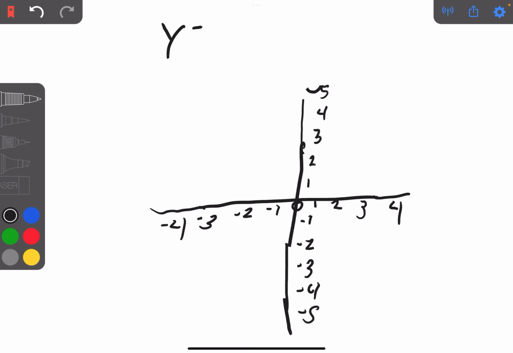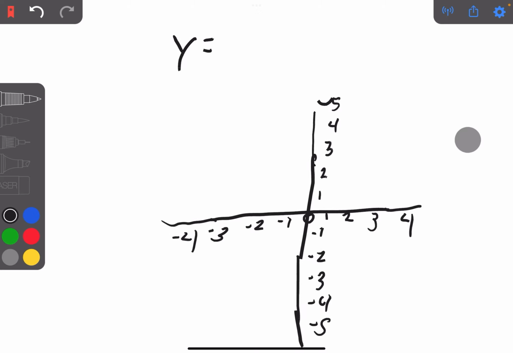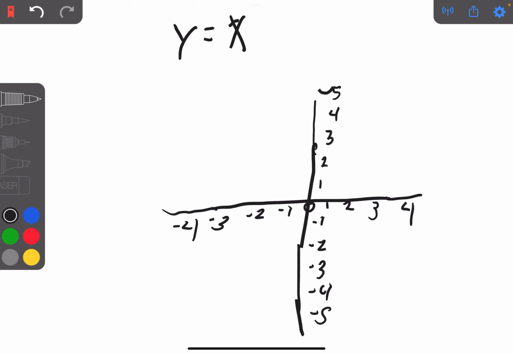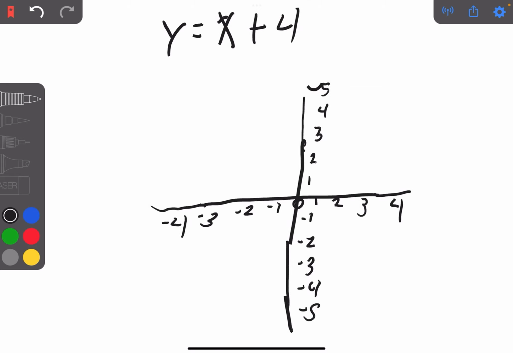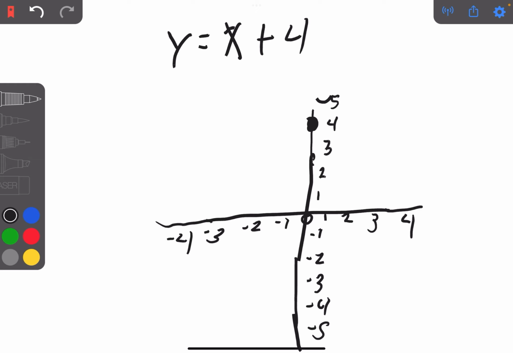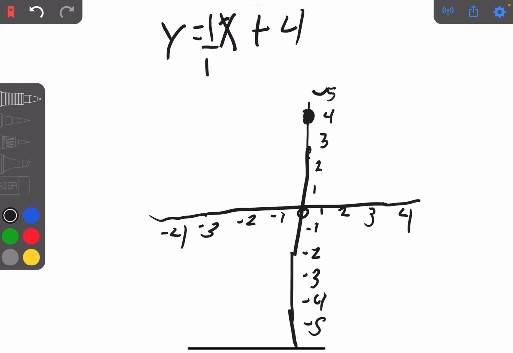So now we're going to do y equals, let's just say, x plus 4. So what would be our starting point? Well, we'll start at 4. Then we've got x. So we've got to remember this is actually 1x. So it would be 1 over 1.